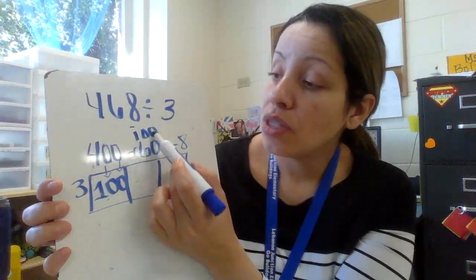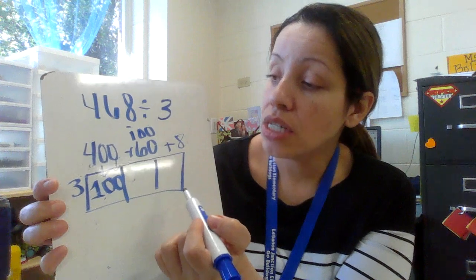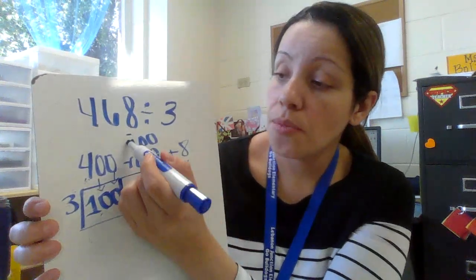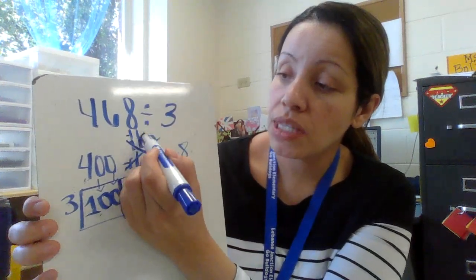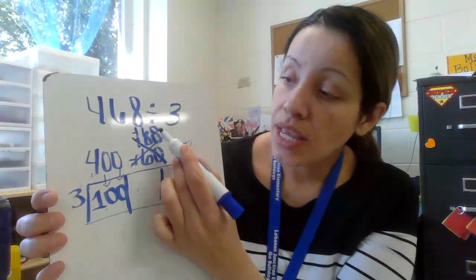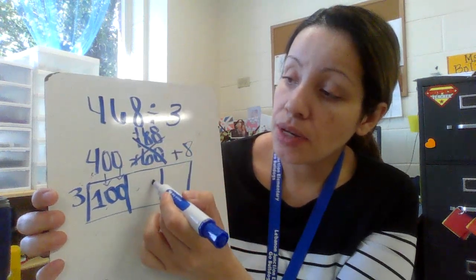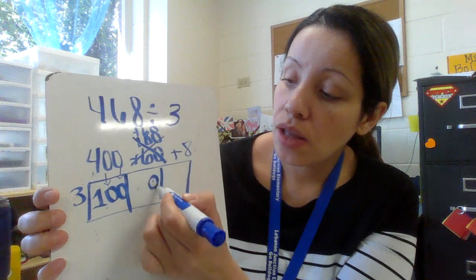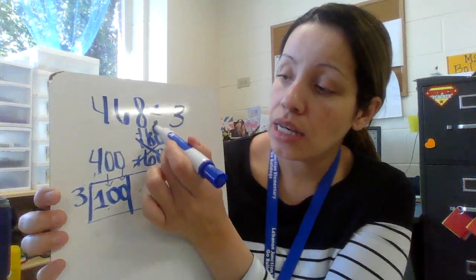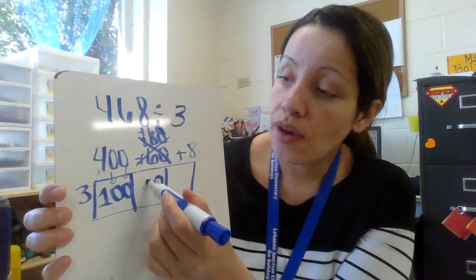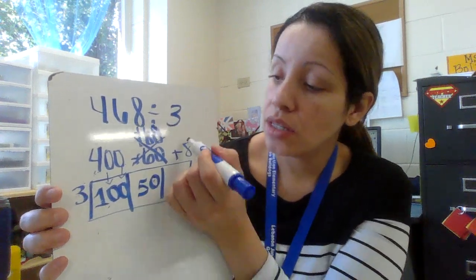Then these together is 160. So this number will be replaced and this becomes 160. Again, remember that 0 can come down here. And I can think, how many times does 3 go into 16? Well, it goes 5 times, but I have 1 left.